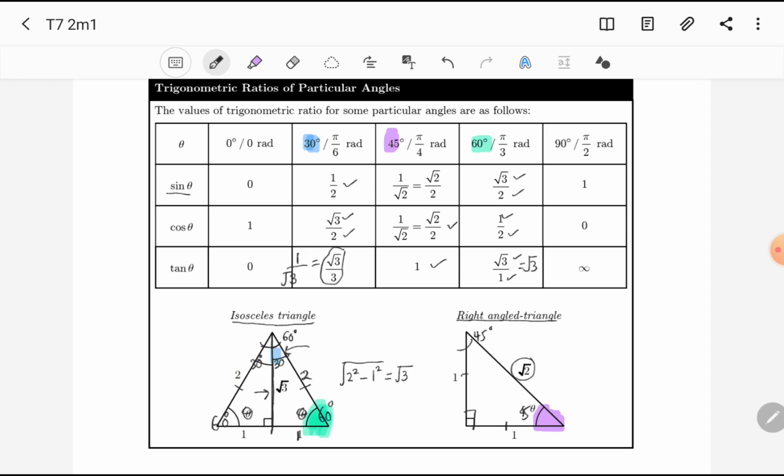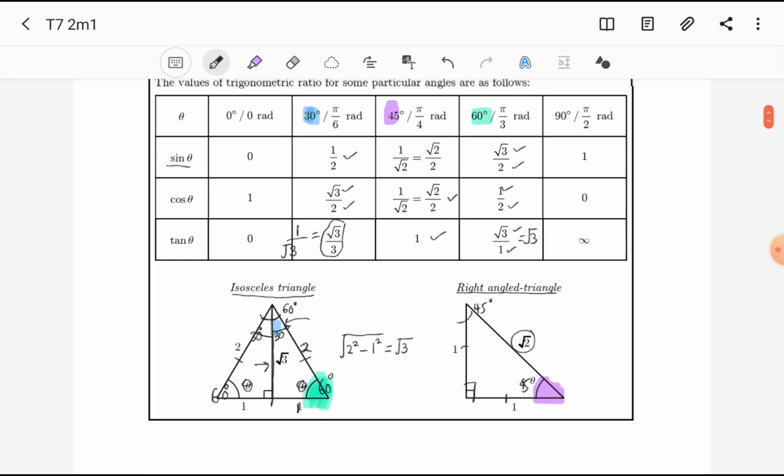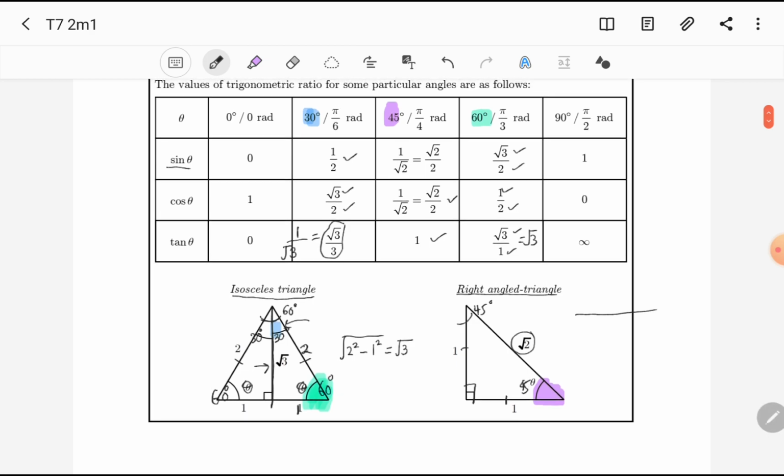So answer is 1. Okay, settle for 30, 60 and 45. Okay, next. Kalau awak ingat balik, dulu-dulu pernah belajar. Okay, we have sine wave. Ini sine. Okay, sine theta lah. Okay, and then kalau start daripada atas, from 1, this is cos theta.